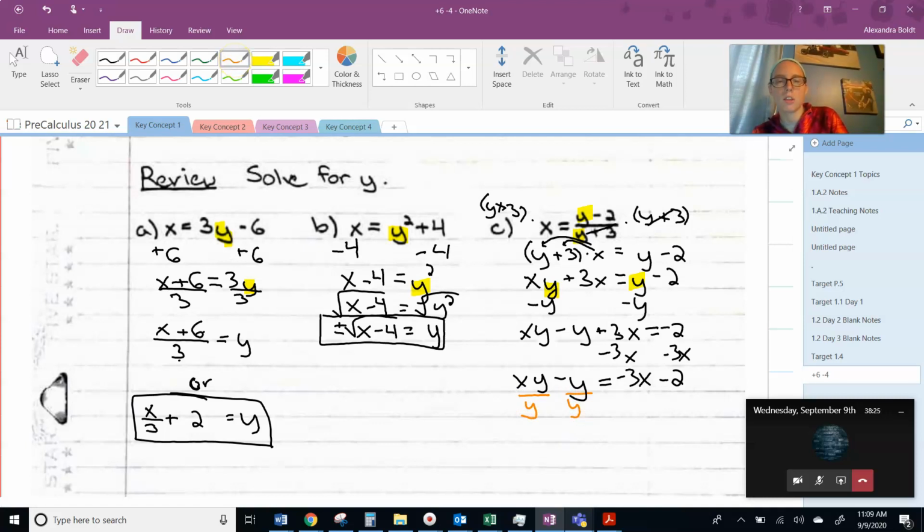But we're not going to do it to the other side because our y doesn't go away. If you keep your y there, you don't have to do it to the other side as well. So xy divided by y is x, and negative y divided by y, we still have a minus 1 there. They don't just completely cancel. They don't cancel out to 0.